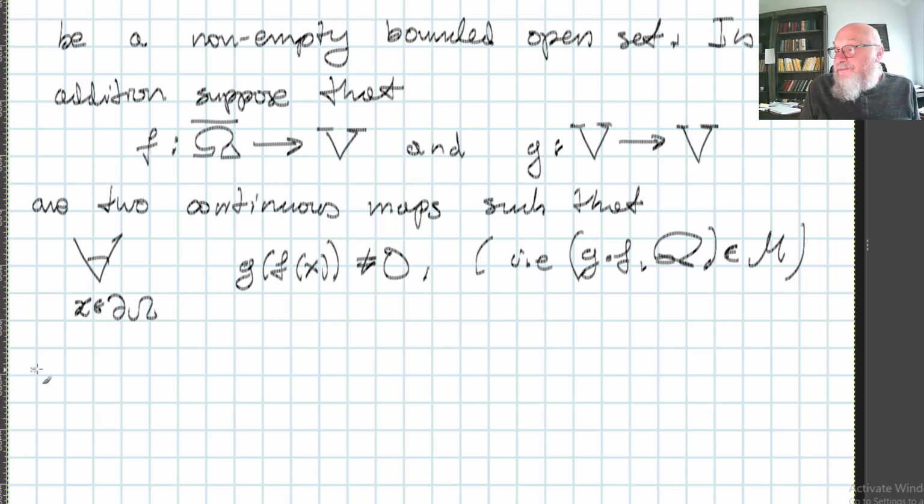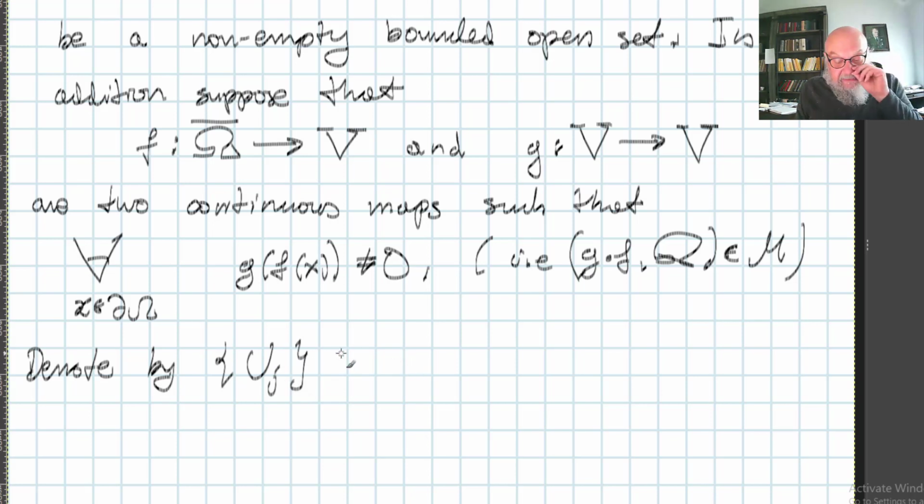Of course, denote by U_j the components. I'm not specifying the components. There can be infinitely many of them, but for a moment it's better not to write. As you will see, we will actually have the situation that it deals only with a finite number of those components.